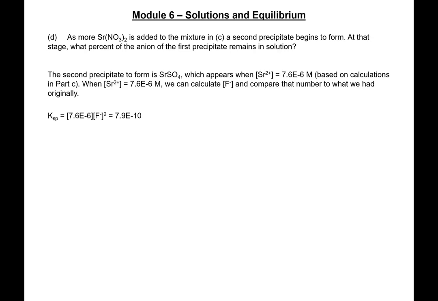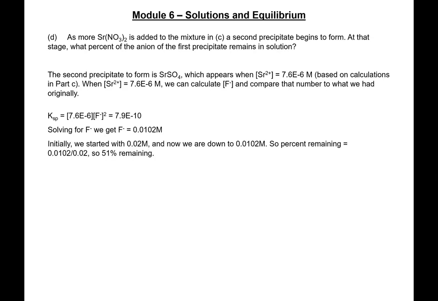Now we are solving for the thing we don't know, which is the fluoride concentration. You can see it's squared. So we can divide both sides by 7.6 times 10 to the minus 6 and take the square root, and we get 0.0102 molar. That's the fluoride concentration when it starts to precipitate.